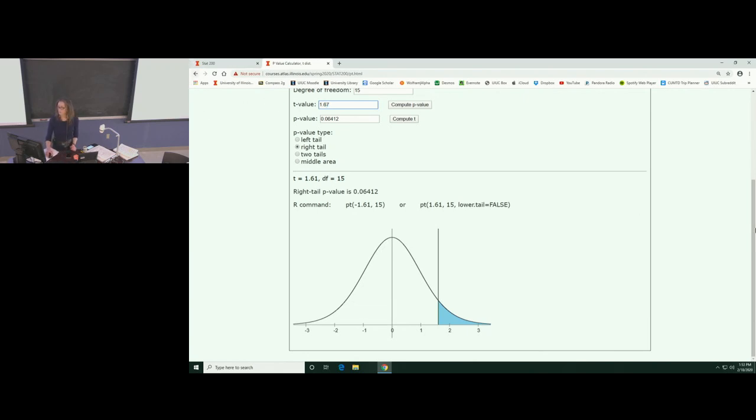So now for a right-hand tail, you could compute the p-value, and that's where I got the 5.8. For two tails, you could click here, and you see the area of the two tails. That's where I got the 11.56. I just rounded.